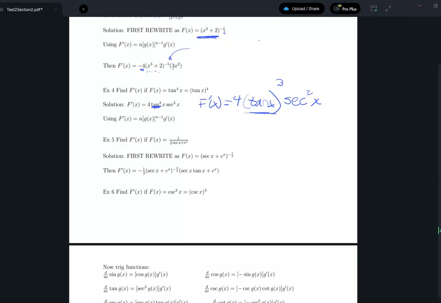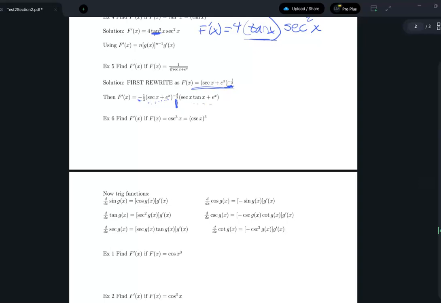This one here, again, I would take the time to rewrite it before the derivative. Then bring the negative 1/3 down, subtract 1 from the exponent. So you want to leave it as negative 4/3. Carry the inside along, and then multiply by the derivative of the inside. So let's do this one. Here, I would say, take the derivative.